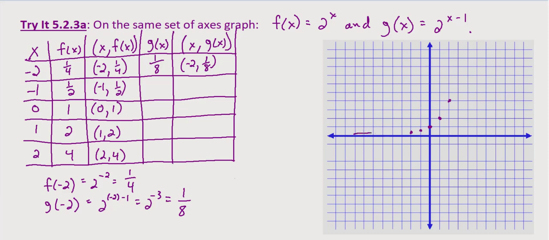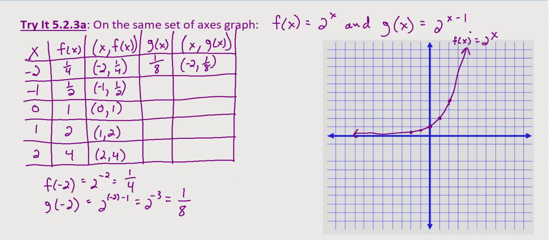So in the negative direction, it's approaching the x-axis. In the positive direction, it's approaching infinity. So there is f of x equals 2 to the x.